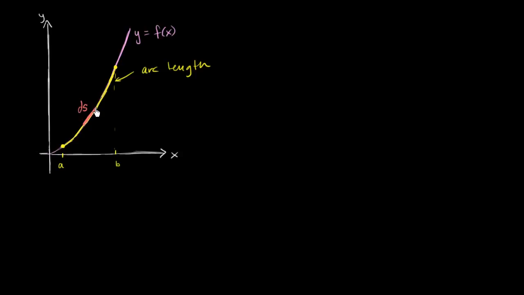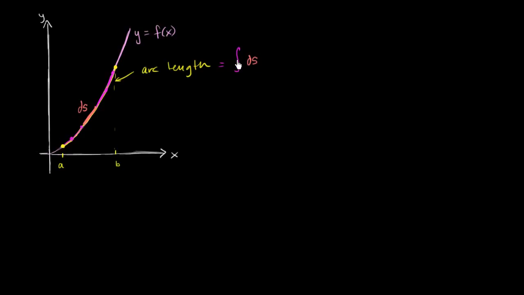Well, if that's a ds, and then let me do these others in another color, that's another infinitely small change in my arc length, another infinitely small change in my arc length. If I summed all of these ds's together, I'm going to get the arc length. The arc length is going to be the integral of all of these ds's, all of these ds's summed together over this interval.